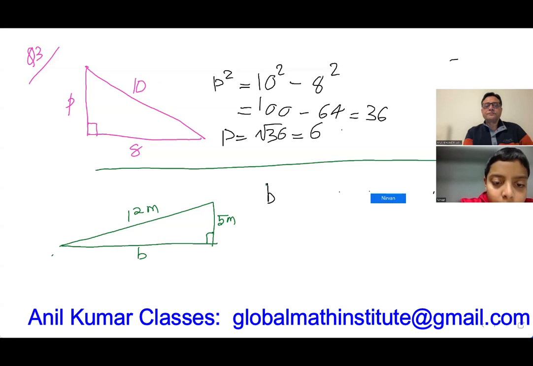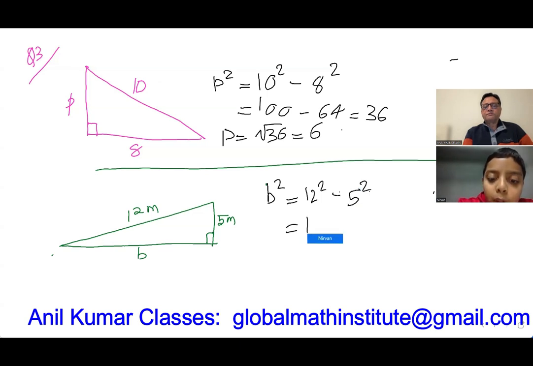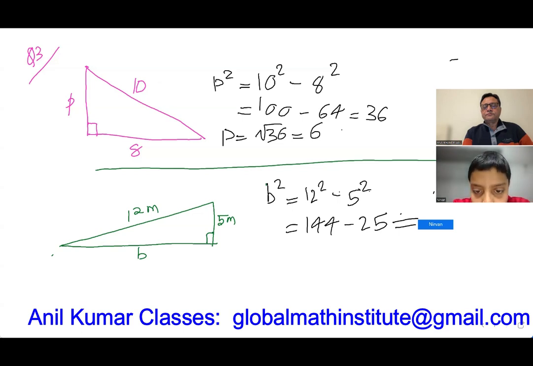B square is 12 square minus 5 square, which is 144 minus 25 equals 119.